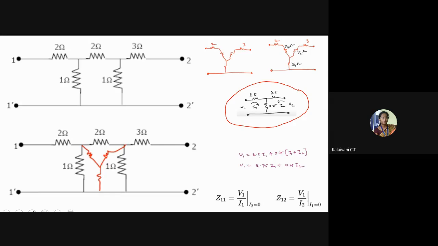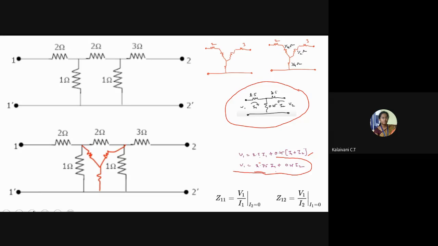Both current directions are the same, so I1 plus I2. When you solve this equation, 2.5 plus 0.25 will be 2.75 into I1 plus 0.25 into I2. So the V1 equation will be this.